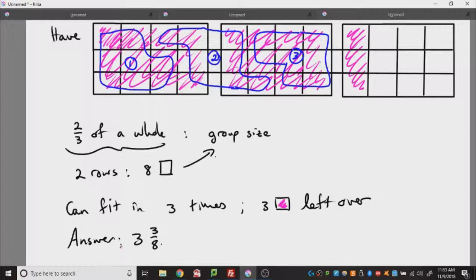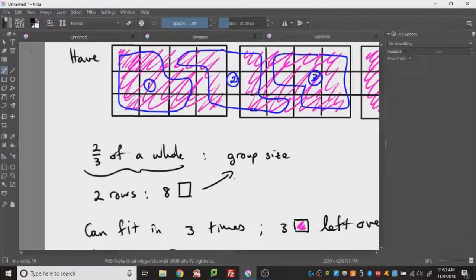So doing it a few times, it should become much easier, hopefully. Any questions on that? Okay, one more. Why not? Where we have a mixed number and the second one's bigger than the first.